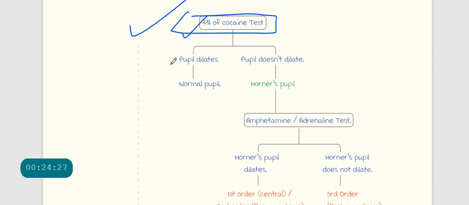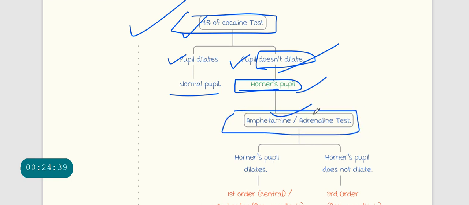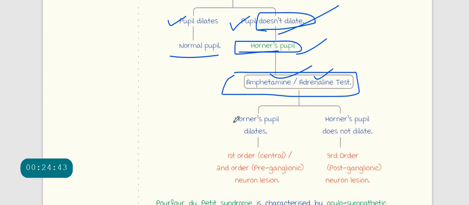In this, if the Horner's pupil dilates, then it is a first order central lesion or a second order preganglionic neural lesion. If the pupil dilates, first order means it is central, and second order means a preganglionic neural lesion.